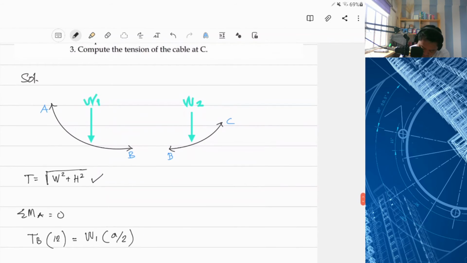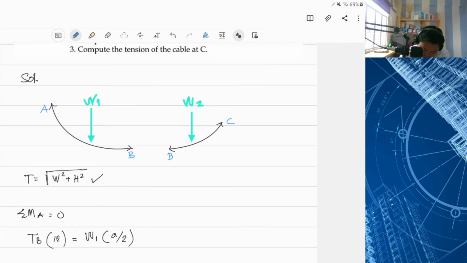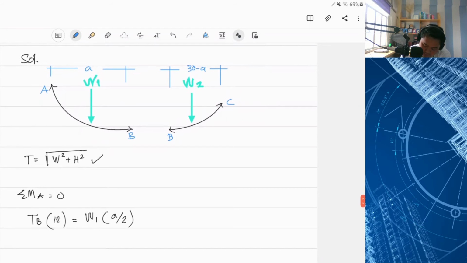By the way, the horizontal distance of this is A. And because the overall length of the cable is 30, the equivalent horizontal distance of B is 30 minus A.